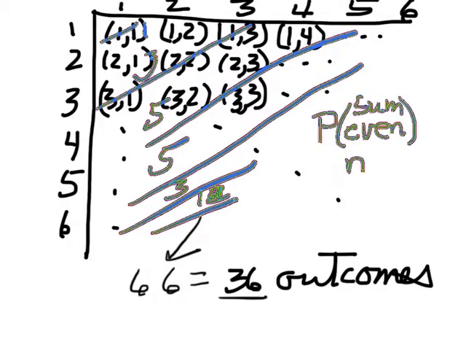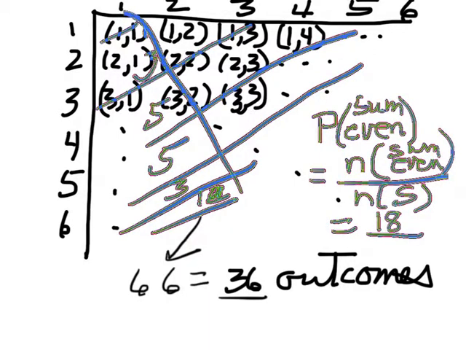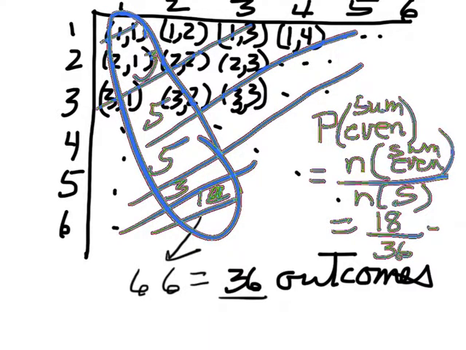So the number in the event of an even sum, divided by the number in the sample space, is going to equal 18, and we've just written down all 18 of them here, divided by 36, or there'll be half a chance.